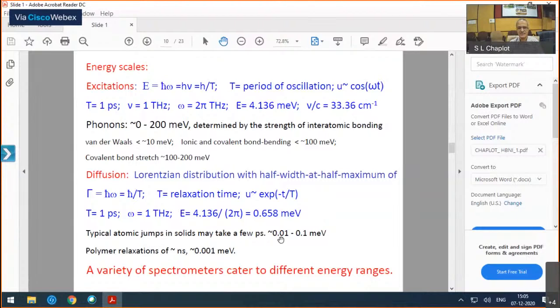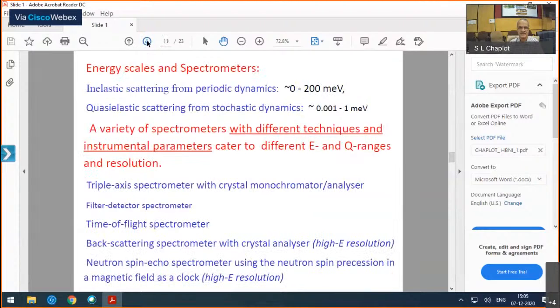Now, because we have a range of requirements of the energy transfer and the resolution and so on, there are a large number of spectrometers which cater to these different requirements. Okay, so now we'll move on to today's lecture.